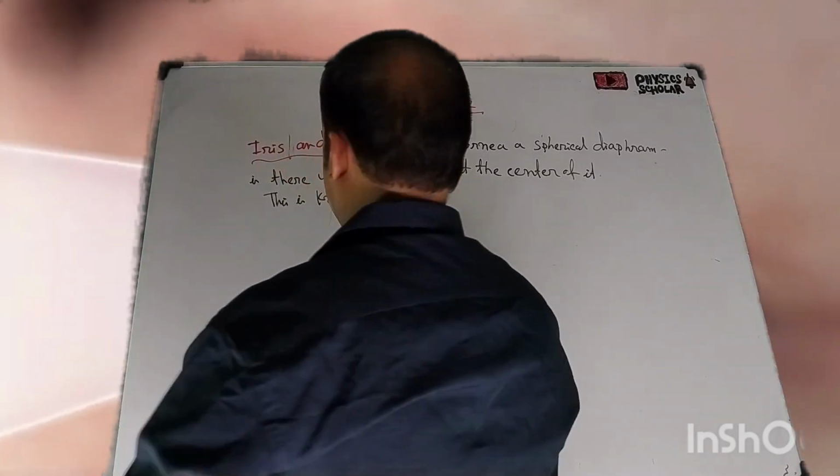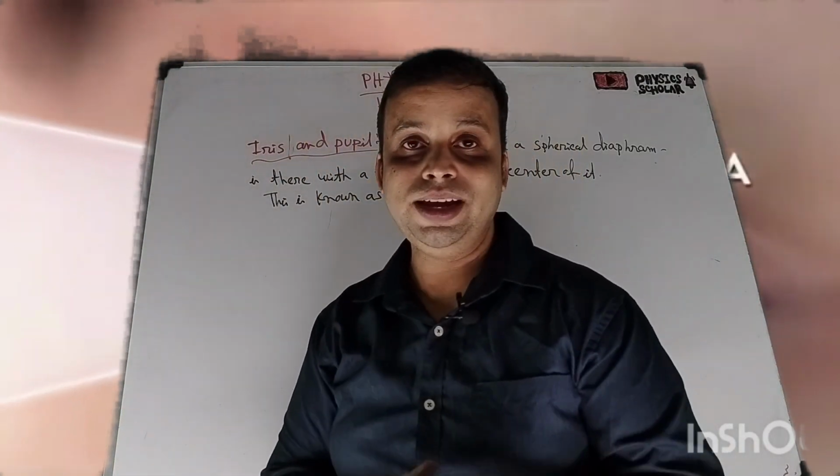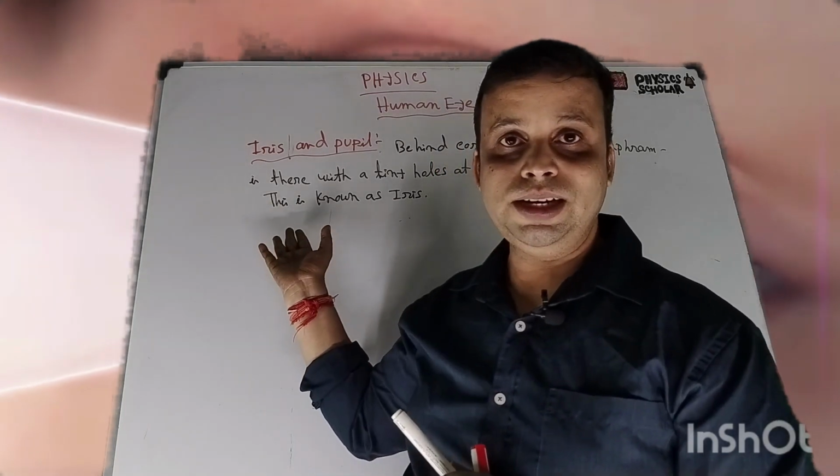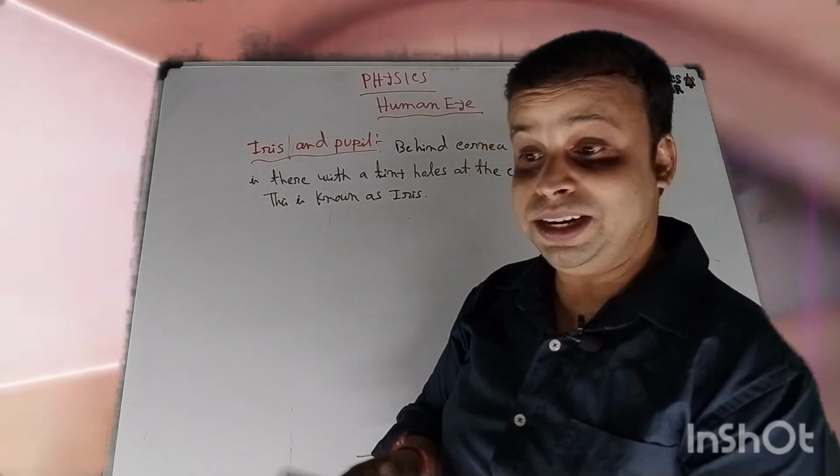Clear? So what is the function of the iris? The iris has some muscles, the circular muscles and radial muscles.